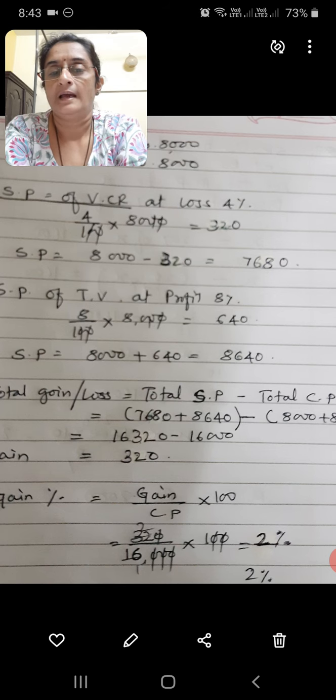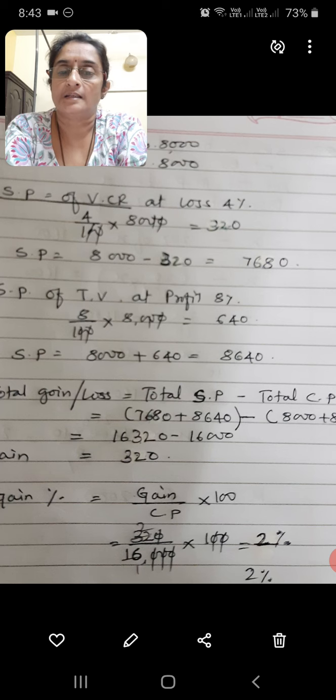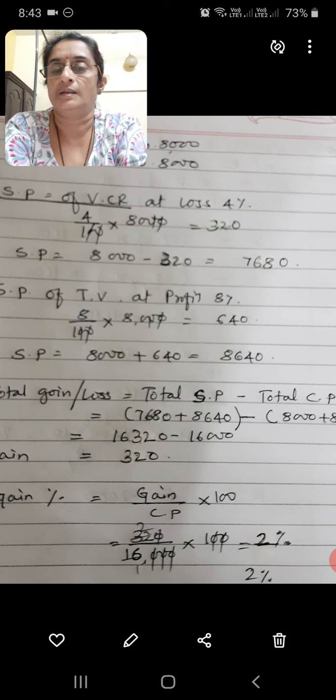So total SP is 16,320, and total cost price is 8,000 each. So 8,000 twice is 16,000. So selling price is 16,320 together, cost price is 16,000 together. If you subtract that, you will get 320. So selling price is more, so 320 is the profit.